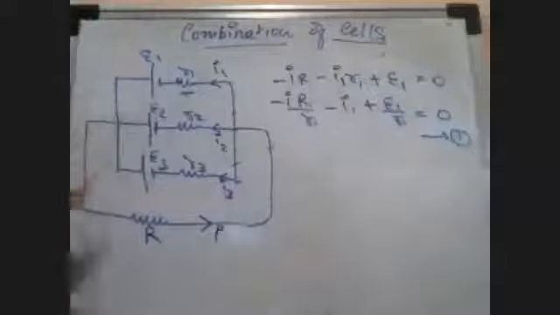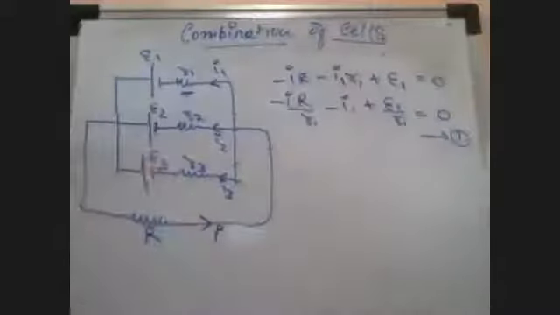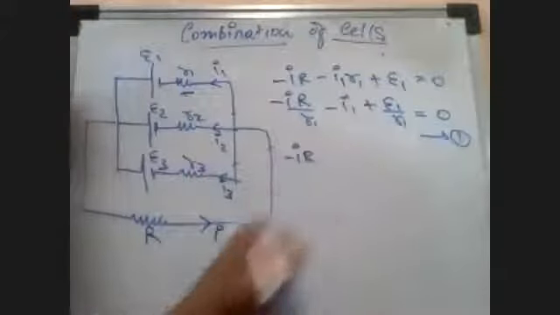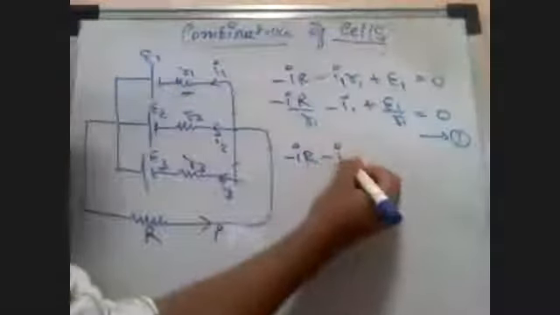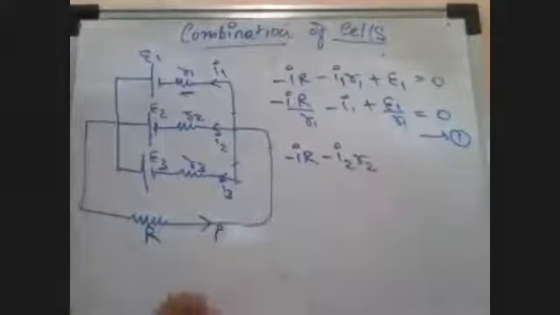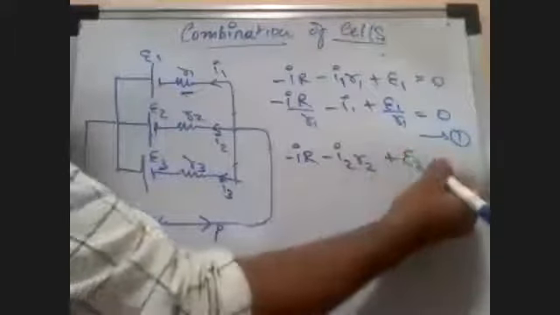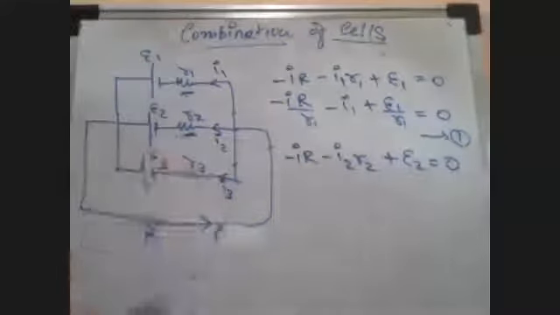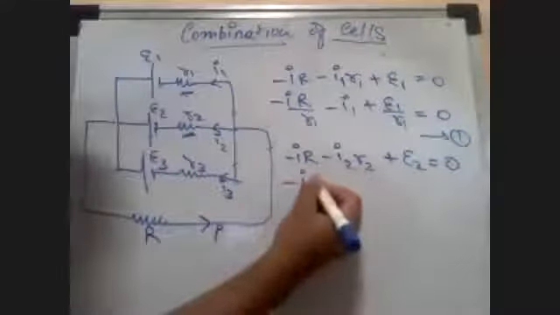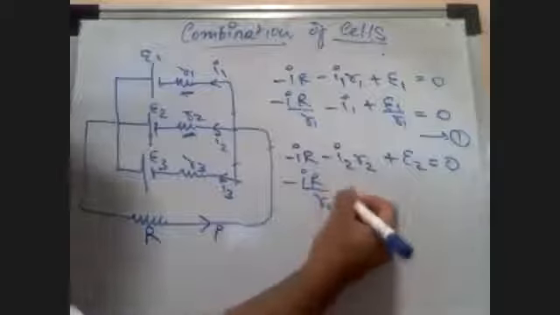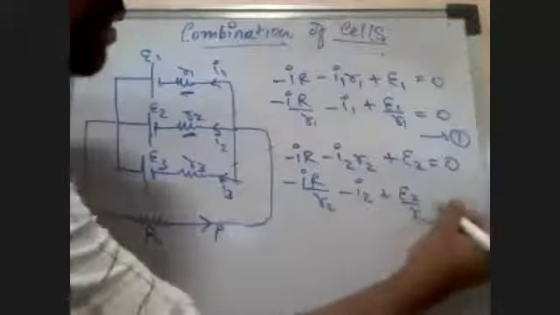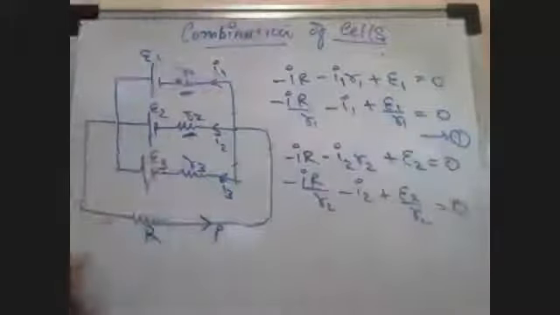Similarly, let's talk about path number 2. What will be the expression for path number 2? Can I say it is minus I times R, then minus I2 times R2, plus epsilon 2, equal to 0. Similarly, divided by R2, what will you get? Minus I times R upon R2 minus I2 plus epsilon 2 upon R2 equal to 0. I will say this is the second equation. Similarly, take path number 3.